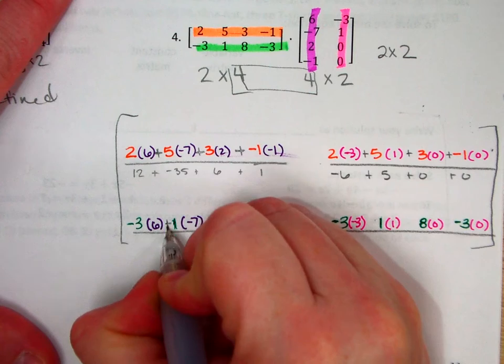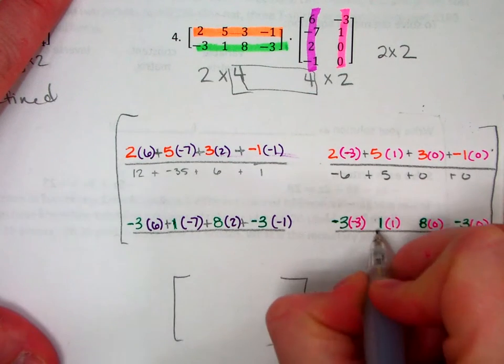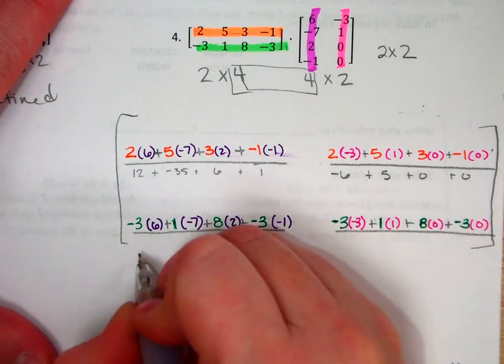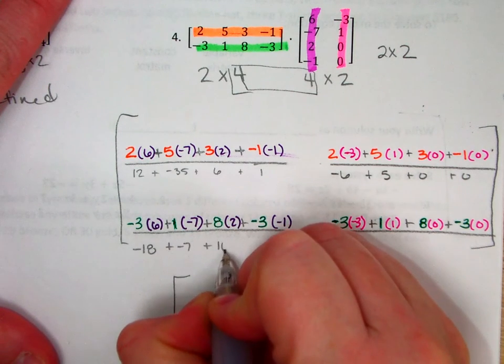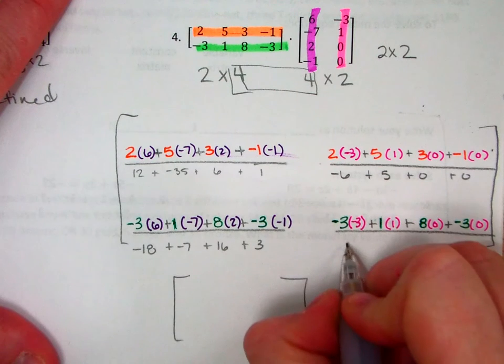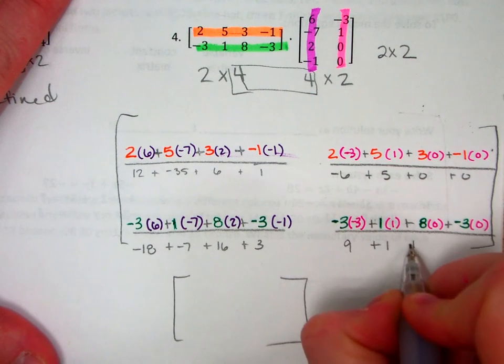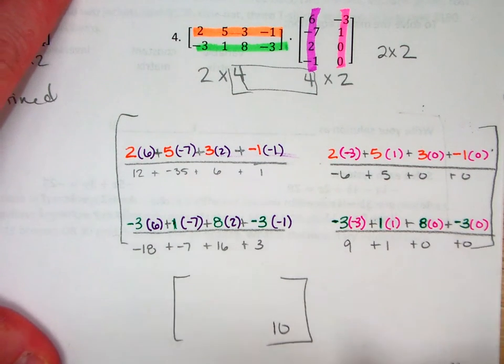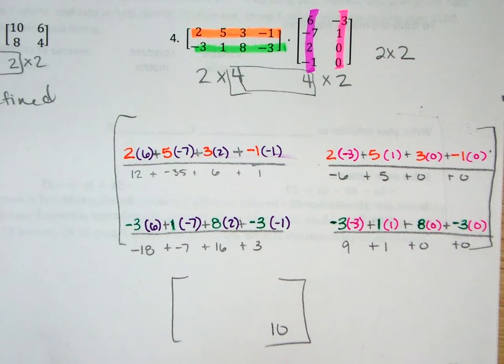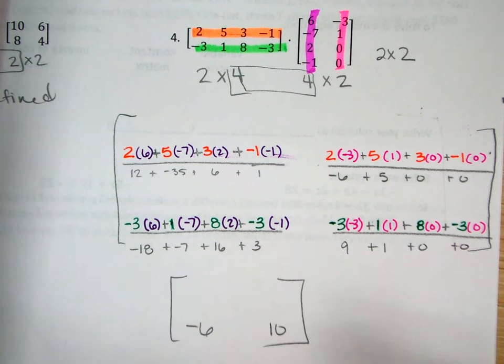Remember, you're going to add these values together. So negative 18 plus negative 7 plus 16 plus 3, 9 plus 1 plus 0 plus 0. So that gives me 10. Calculator, I have no idea in my head. Negative 6.